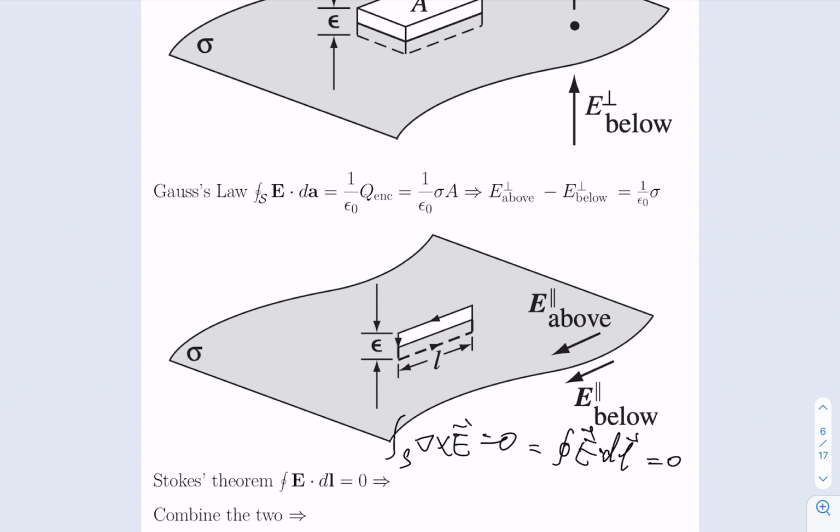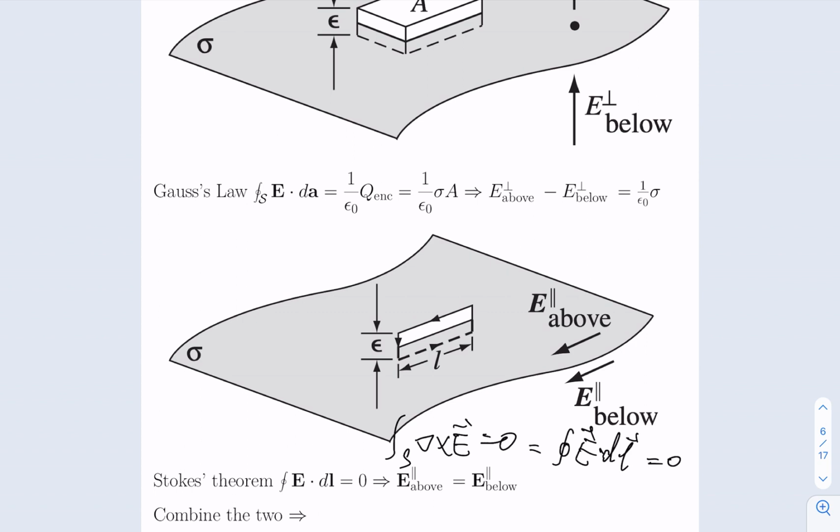And so here, if we apply that, we immediately find out that in the parallel direction, the E field should be exactly the same. So now we figure out the E field right above the surface and below the surface, both in the perpendicular direction and also in the parallel direction, right?